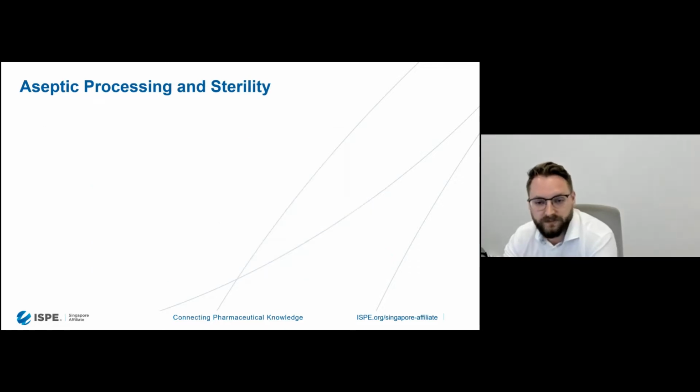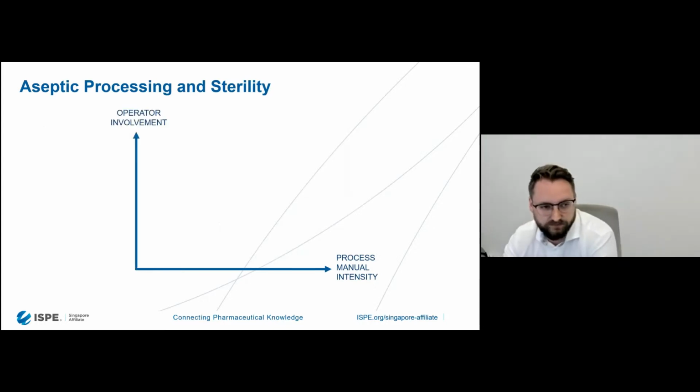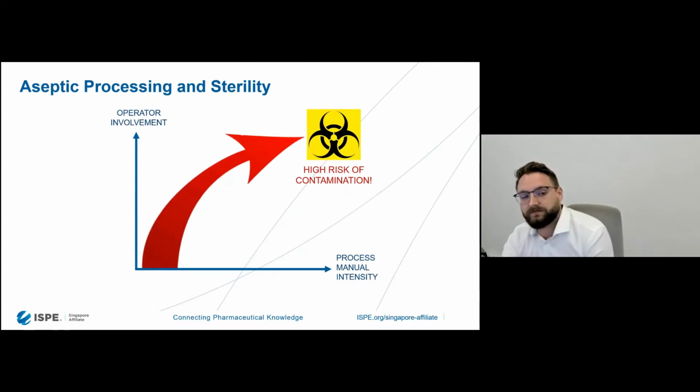So the more manual a process is, the more an operator is involved, and the more the operator is involved, the higher risk of contamination we have. I'm sure it's well known to everybody in the session today that the operator is always the biggest risk of contamination in the process.